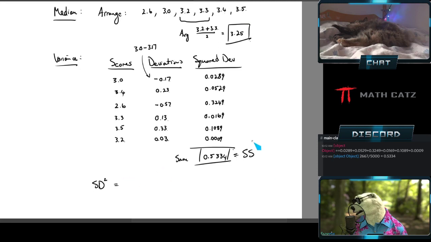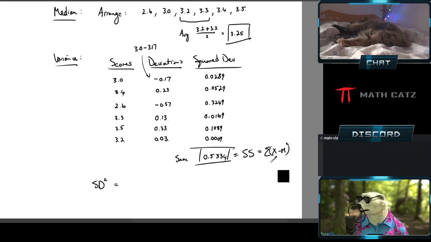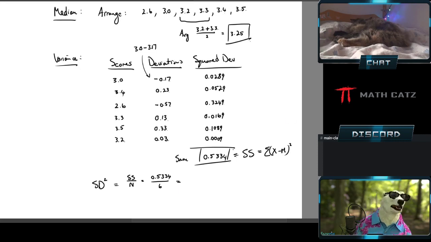I've done this: X minus mean squared and then adding them up. So it's the sum of the squares divided by how many there are. That means it's 0.5334 divided by 6. Let's see what we get. Are we still on the screen? Yes.